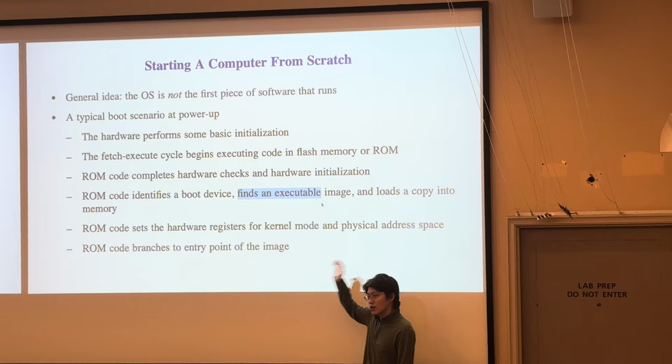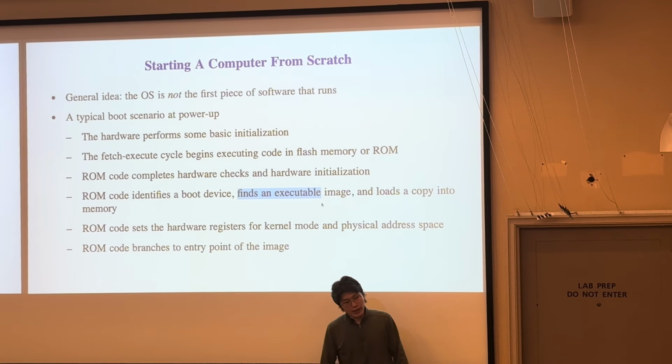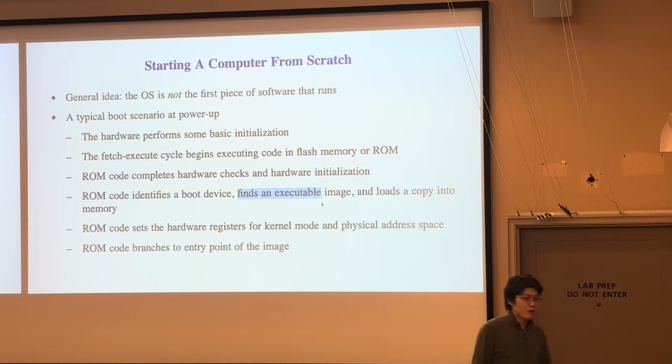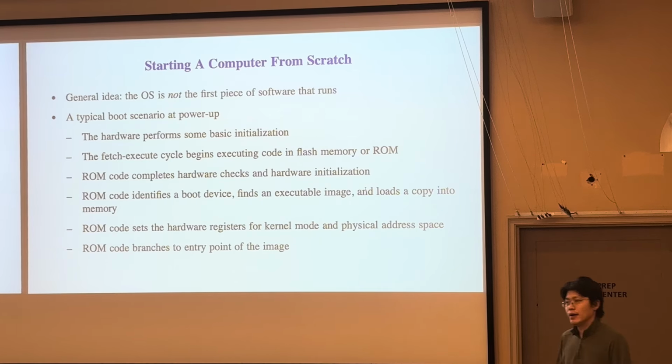It does all of these initializations before it loads your OS into memory and starts executing it. If you're interested, read the bootloader in Xenu. Although it's written in assembly code, it's not very complicated. It's still relatively short, so you should be able to understand it.